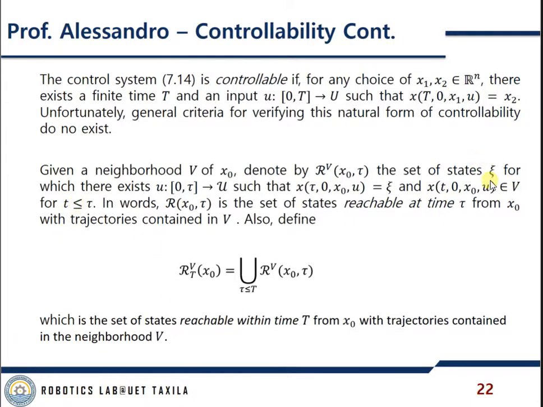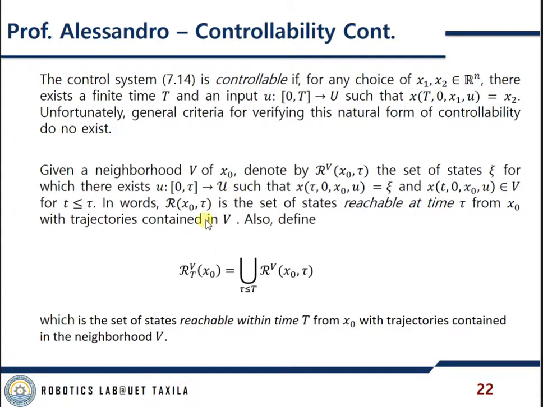So we are reaching from state x0 to psi, and during this period we are in the neighborhood of x naught, and definitely the time is going to be lesser than this tau. So before we reach over there, we go through this procedure, and we go in the neighborhood of x naught.